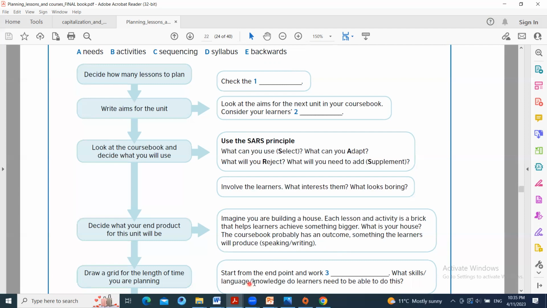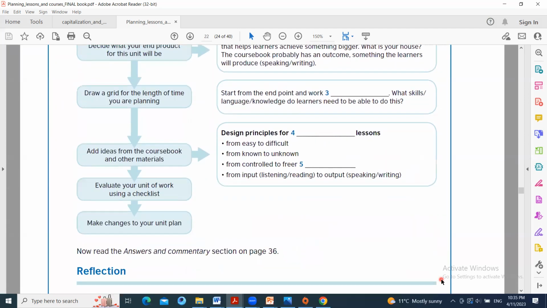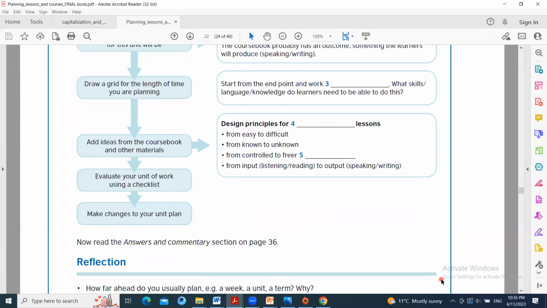What skills, language, or knowledge do learners need to be able to do this? Add ideas from the course book and other materials.